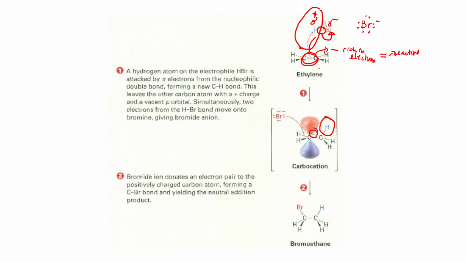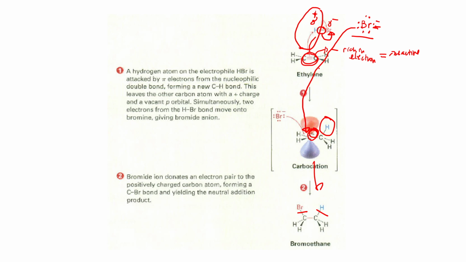It is positive because the electrons used went to one carbon atom and the other carbon was left lacking an electron pair. So the bromide from the first step will now move towards the carbocation. Since bromide is negatively charged and a carbocation is positively charged, they will react with each other, leaving you with the final product. Both bromine and hydrogen have reacted with the alkene, forming bromoethane.